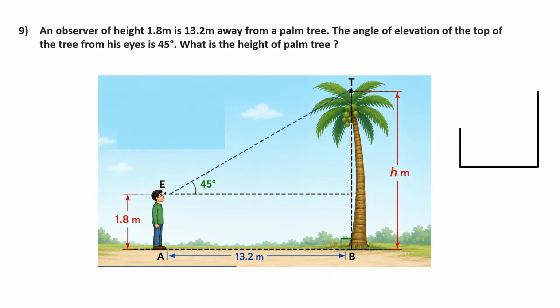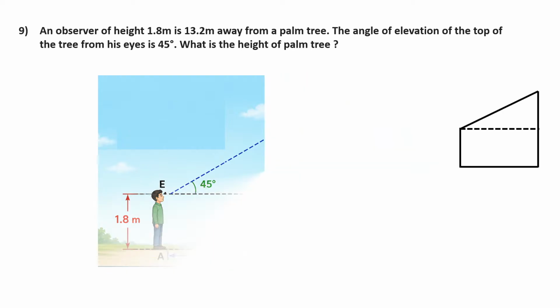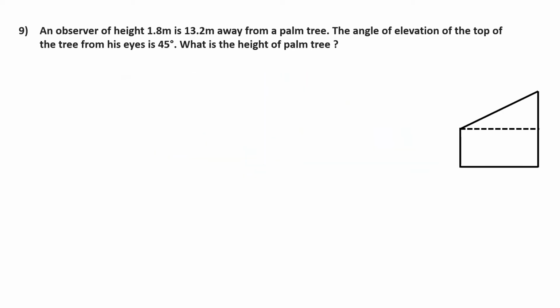Now this is an h meters tall palm tree. From the eyes, the observer is looking at the top of the tree. Through the eyes, one imaginary horizontal. So this is how to draw the reference diagrams. Now let us remove this image and go for the solution.